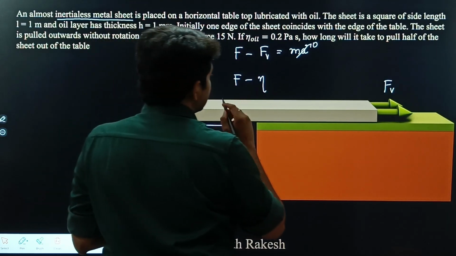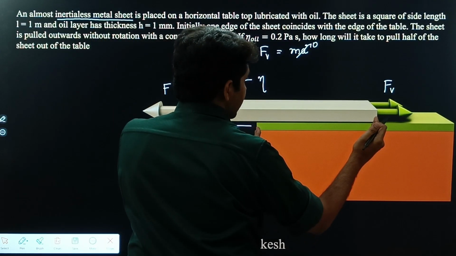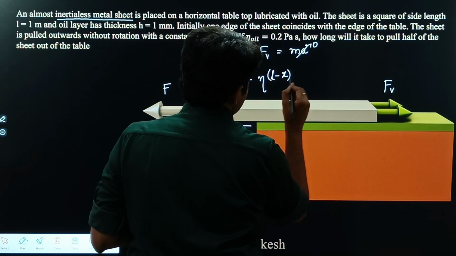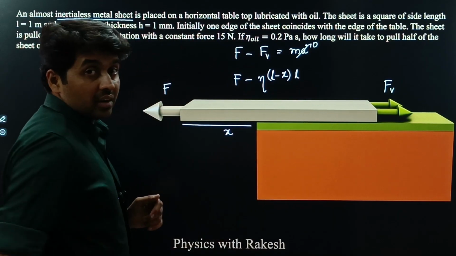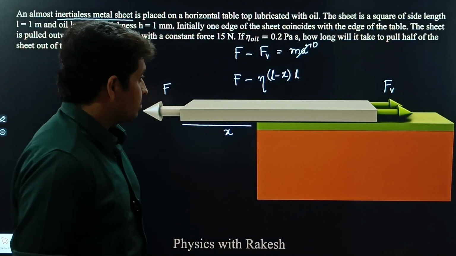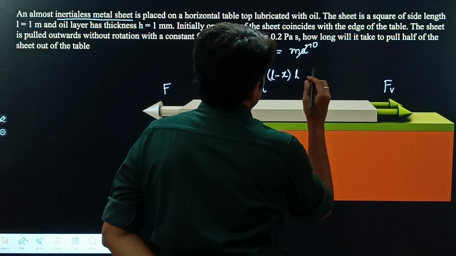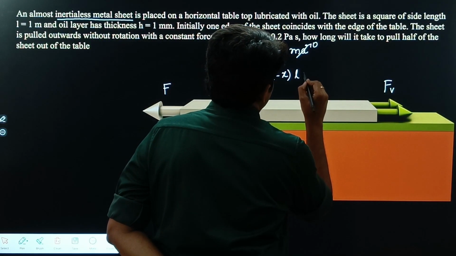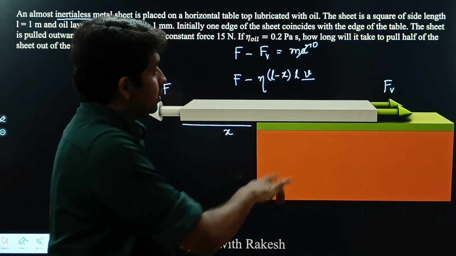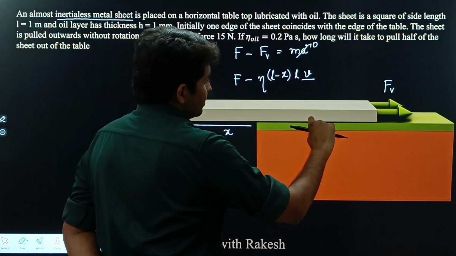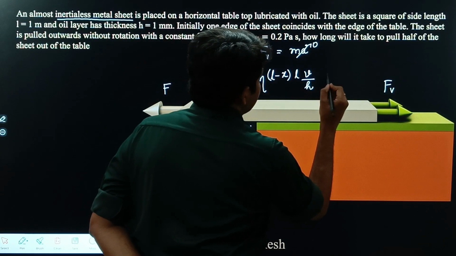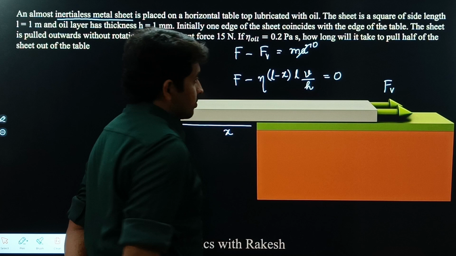So I can write F minus eta into the area, L minus x into L, that is the area in contact with the liquid. Suppose the speed at this instant is V, and the thickness is H.